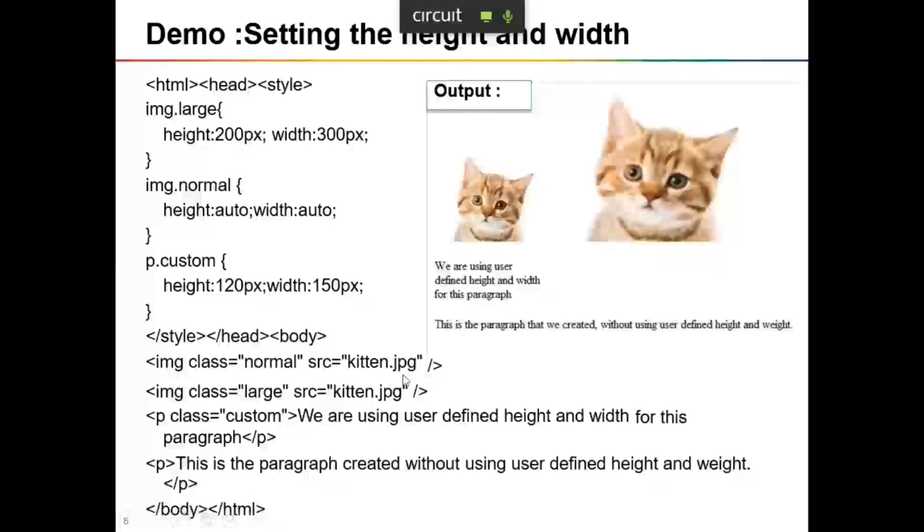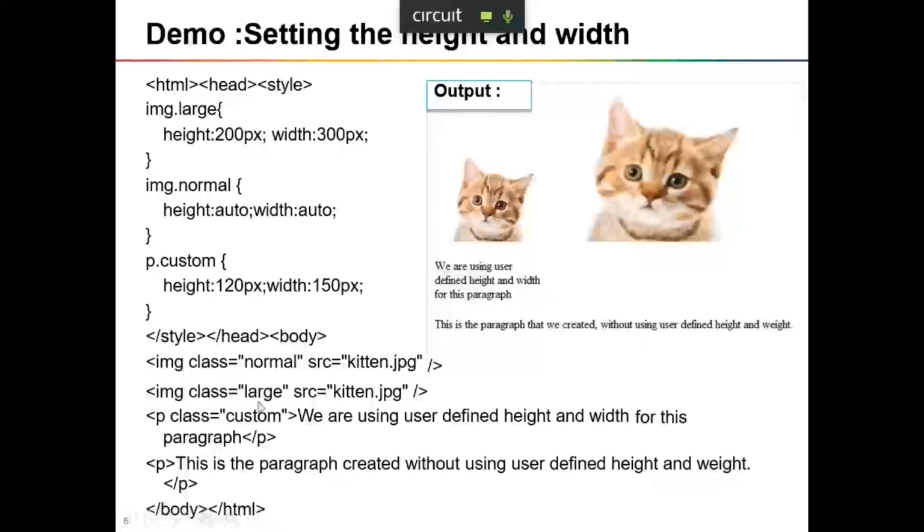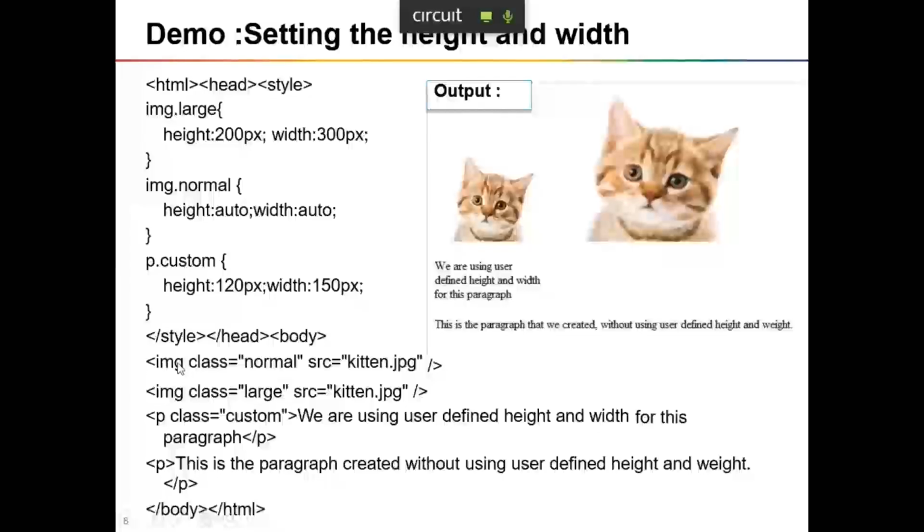For the second image, we have used the class large. And for the text, we have used one class called custom. I am using the class selector to define some style. So img.normal, because it's for the img element. Img dot normal, because a class is always accessed using a dot.